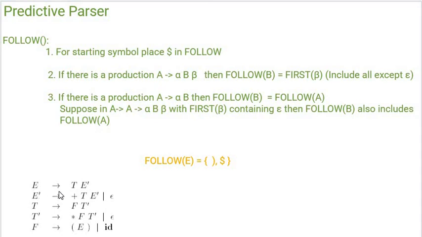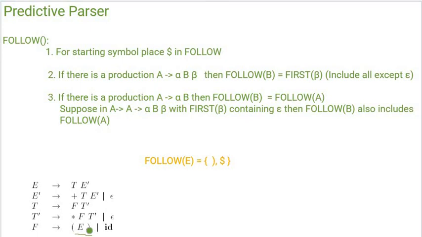So when we compute follow of a non-terminal, we have to look for the production in which we have the non-terminal in the right hand side. Now in which production do you have E in the right hand side? Yeah, here you have. So follow of E will be first of closed bracket, as per our second rule.